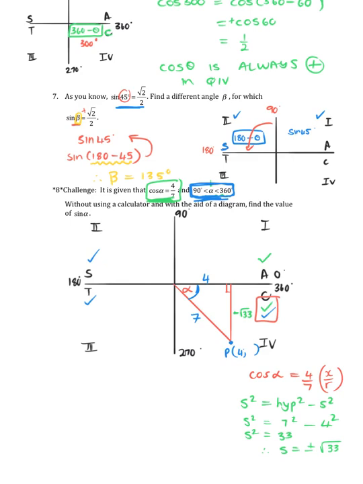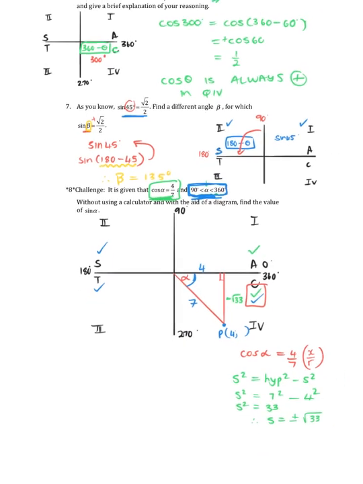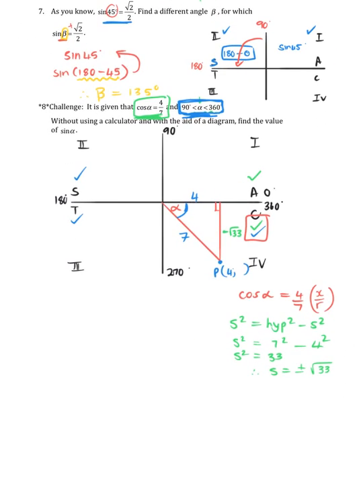So negative root 33 will be the length for y. If you change that root 33 to 5,74, if you want to rather work with a decimal, as I mentioned before, that is fine. I just prefer sticking with the surds. So if you wrote this then as 5,74, well, remember it must be negative 5,74, that's perfect.